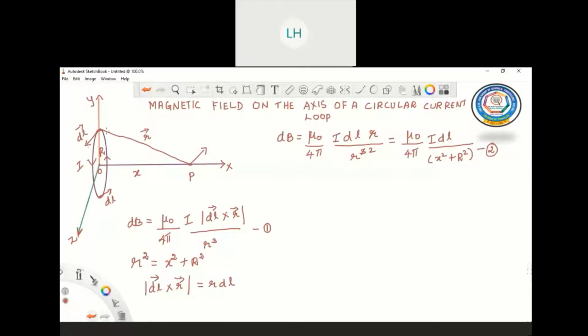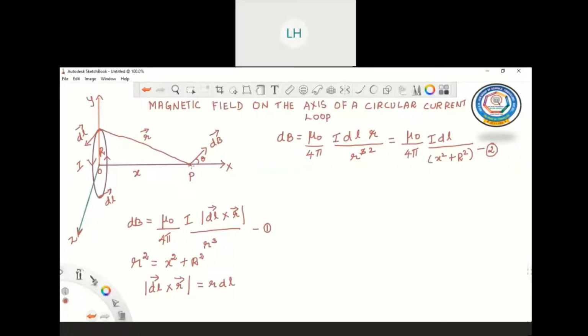dl is along this direction and this is the displacement vector. But this is our direction of magnetic field. Okay. So this is very important and it makes an angle theta here. Okay. This is the direction of the magnetic field due to this current element. Similarly, you can draw what is the direction of the magnetic field due to this current element.